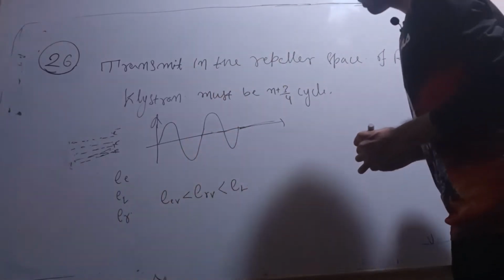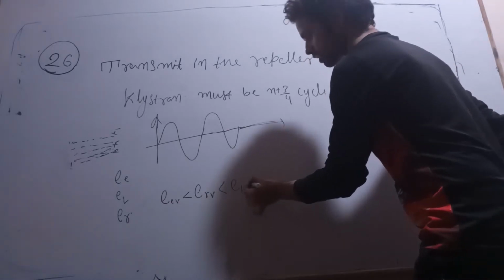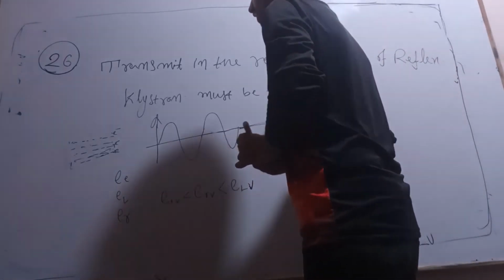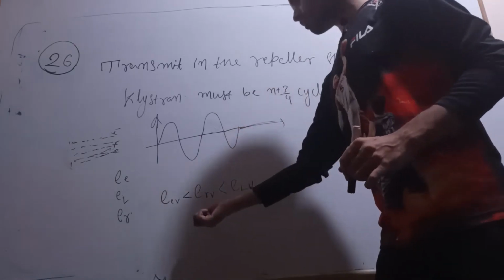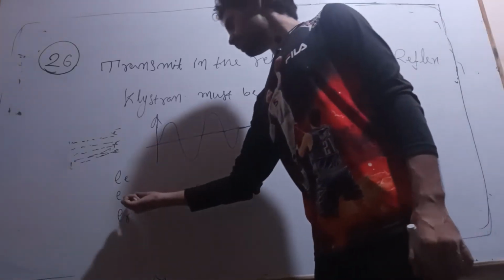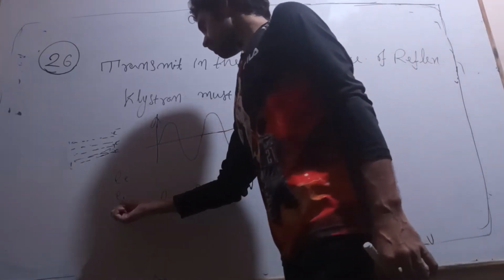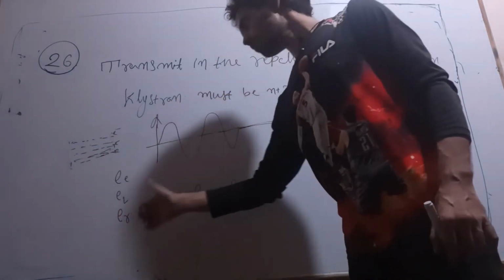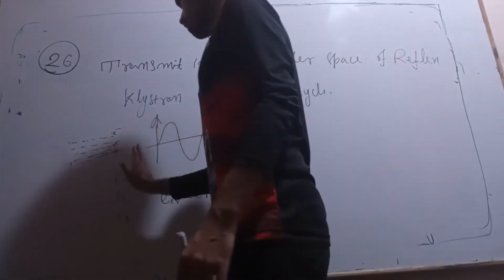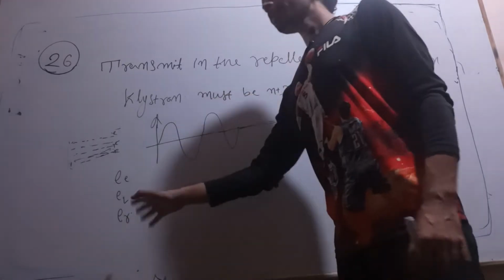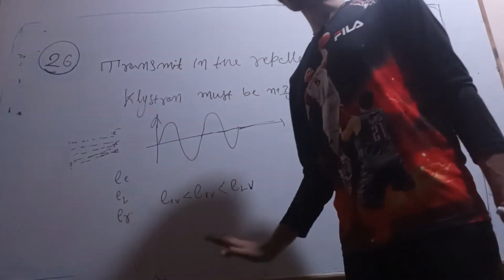The late electron has very large velocity, the early electron has very small velocity, and the reference electron has uniform velocity.